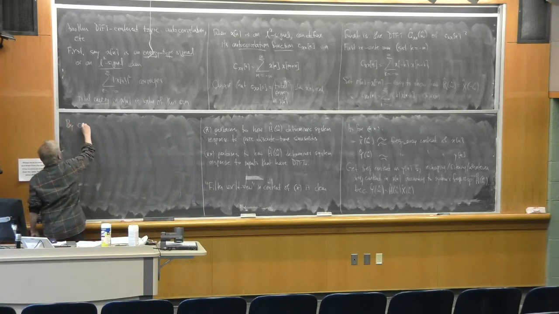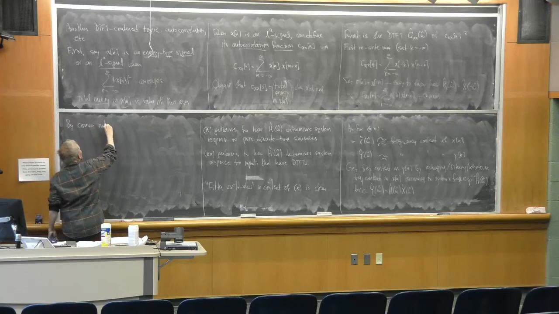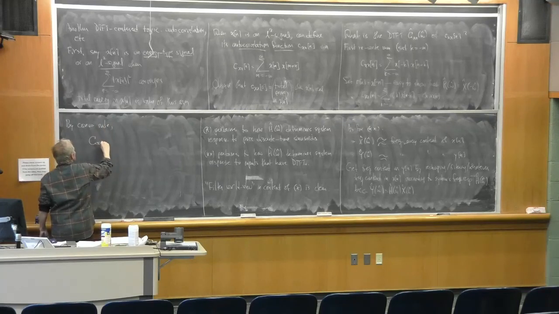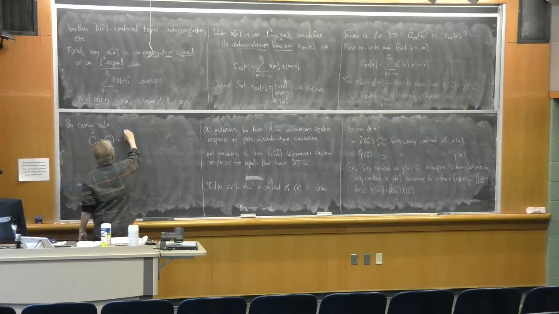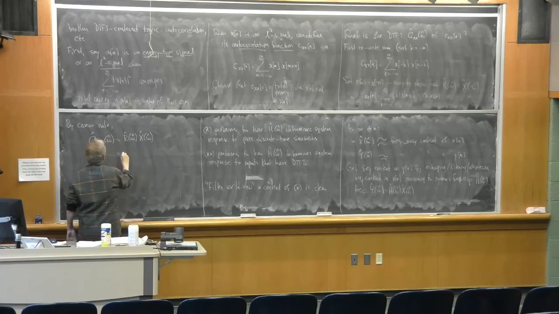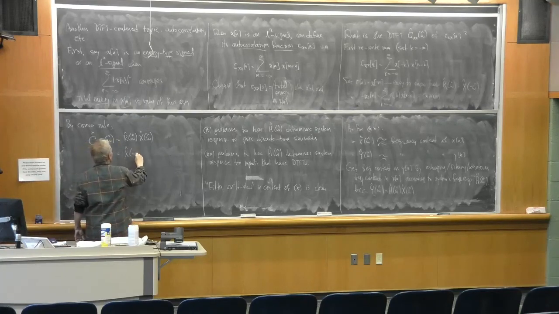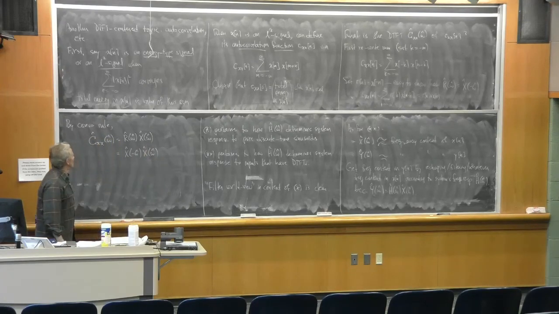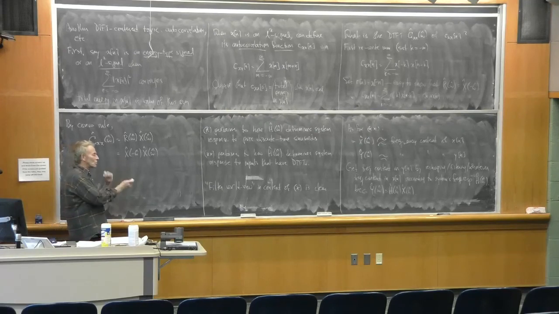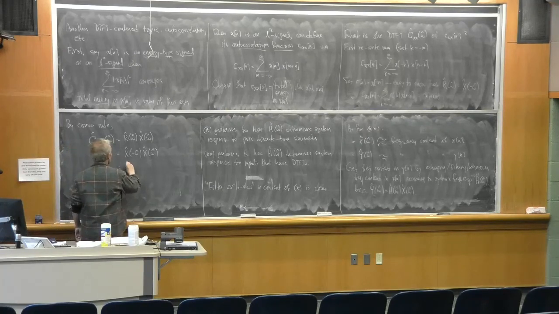So by the convolution rule, Cxx hat of omega hat is r hat of omega hat times x hat of omega hat. r hat of omega hat is just x hat of minus omega hat. But assuming x is real, the conjugate symmetry tells us that x hat of minus omega hat is the same as x hat of omega hat conjugate.